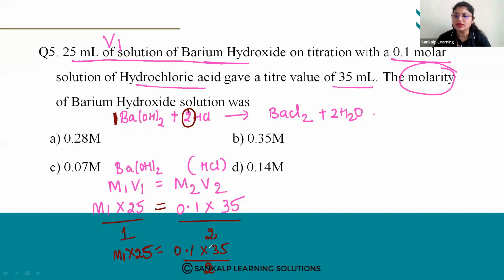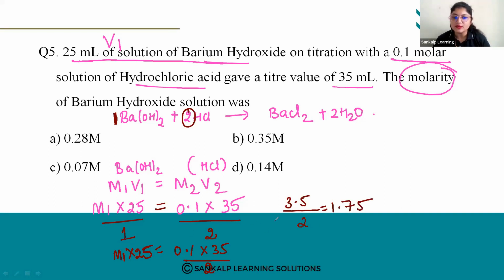You can use a simple calculator. Simple calculators are allowed, so make use of a simple calculator for calculating. So 0.1 into 35 will give you 3.5. Then 3.5 divided by 2 will come to 1.75.